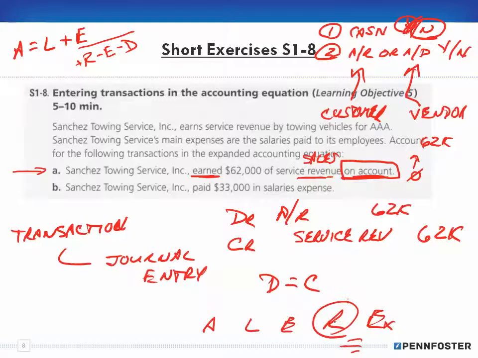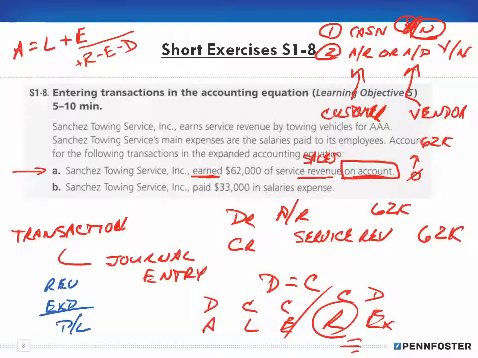But theoretically, remember, debit for an asset, credit for a liability, credit for equity. And the normal balance of a revenue is a credit, and for an expense, it's a debit. Why? Because if I have revenues less my expenses, I end up with a profit or loss.